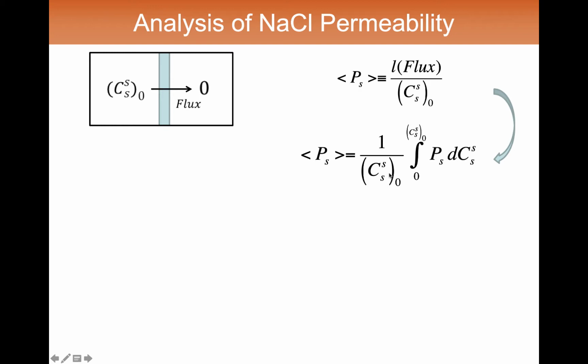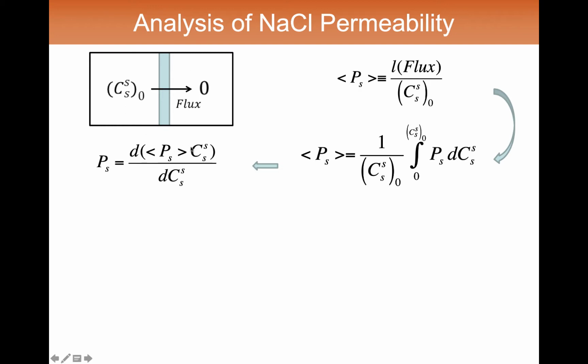We can use standard rules of calculus to bring this salt concentration in solution over to the left-hand side, and then take the derivative of it with respect to the salt concentration in solution, and this gives us directly the local salt permeability coefficient.